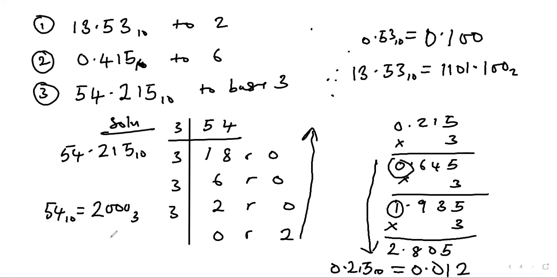You understand? So final answer: 54.215 base 10 is equal to what? 2000 point 0.12 base 3. So that's how to do that.